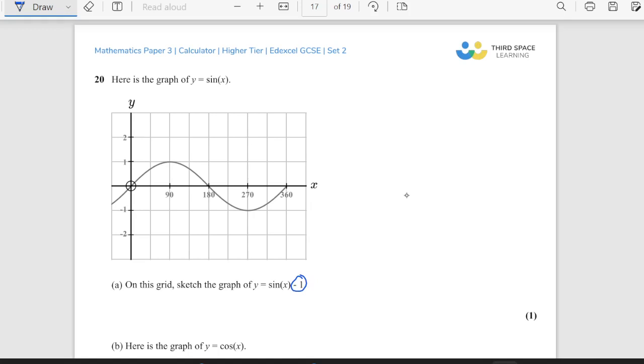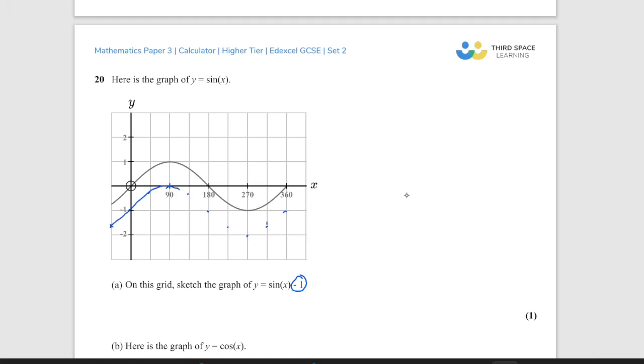So if I bring them all roughly 1 down, that's going to be my general pattern. It's going to be the same looking curve, just translated 1 down. So as close as I can. There we go.